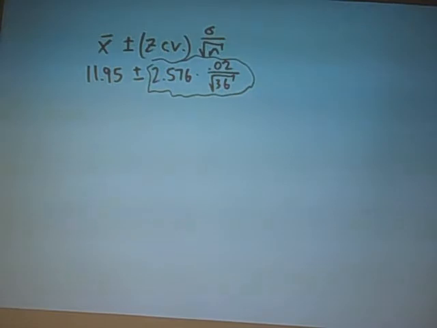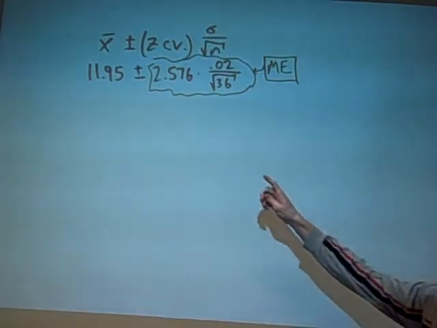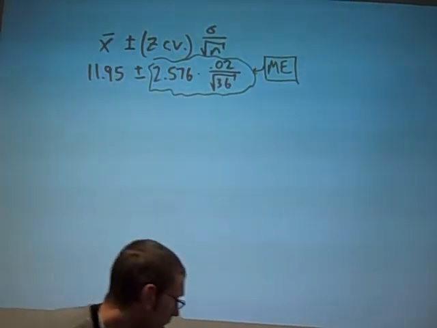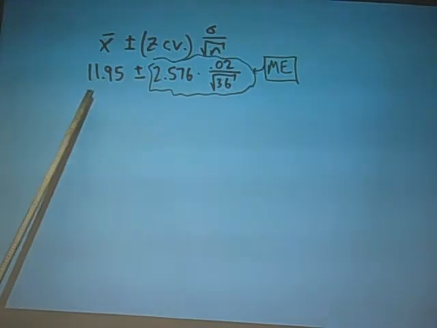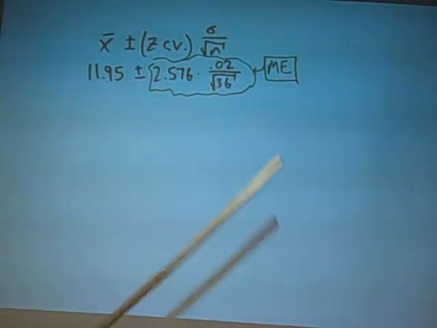If anybody ever talks about the margin of error in a confidence interval, they're just talking about the piece that you add and subtract. Because it's plus and minus, to get the left endpoint you take the center minus this, and to get the right endpoint you take the center plus this.